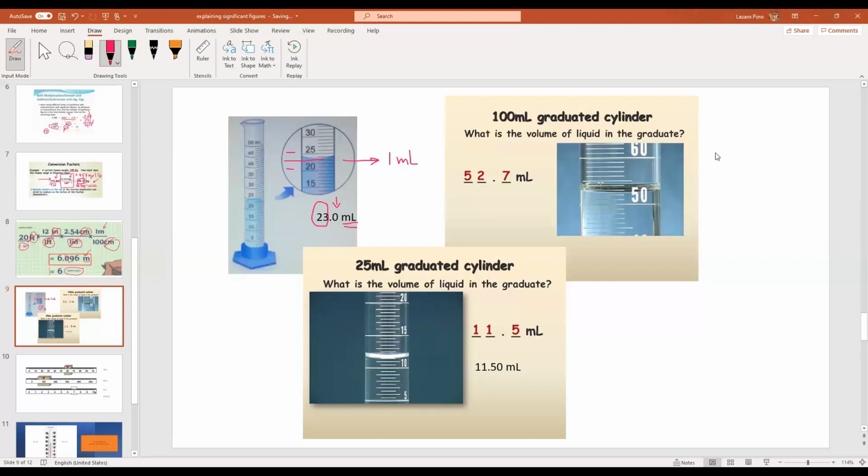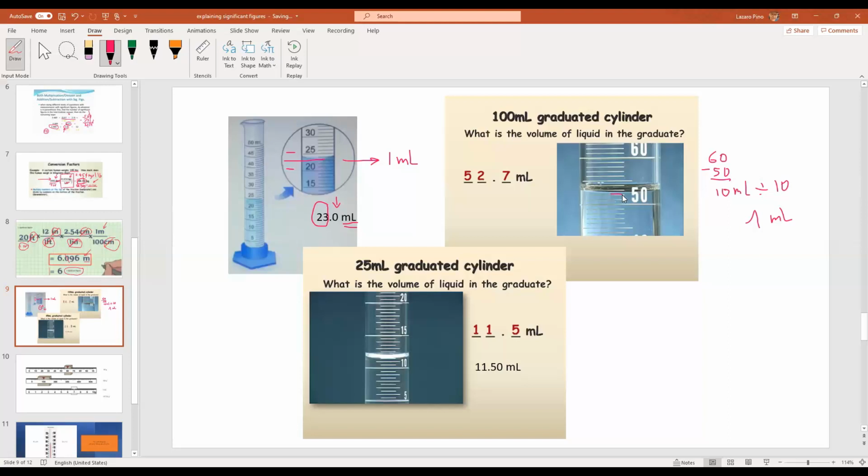You say 60 minus 50 is 10 milliliters, and you have to divide this into 10 lines. Then every line is how much? It is 1 milliliter.